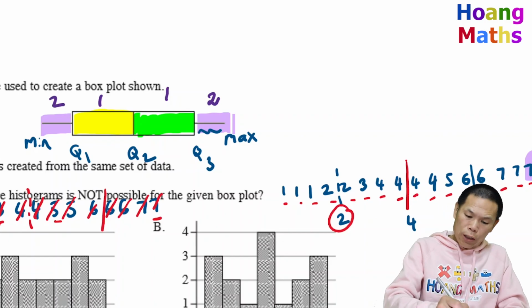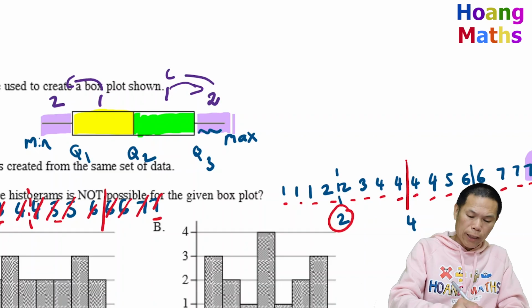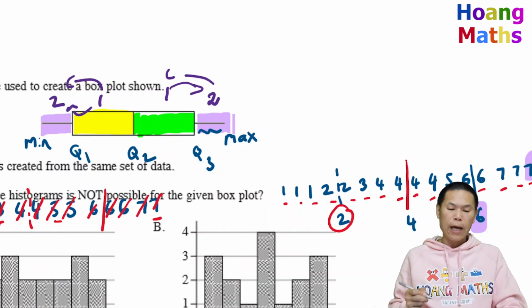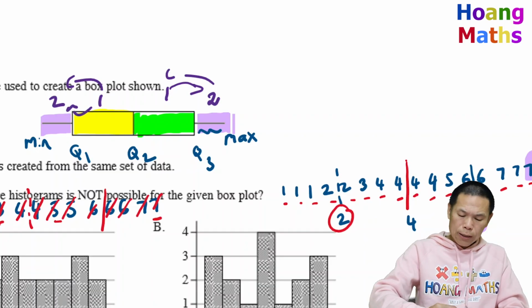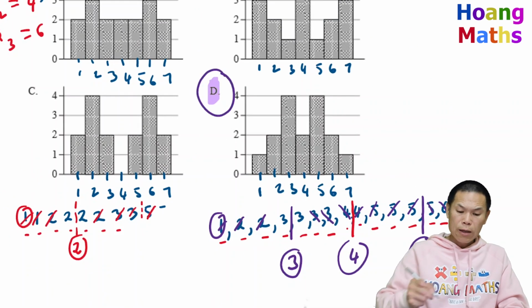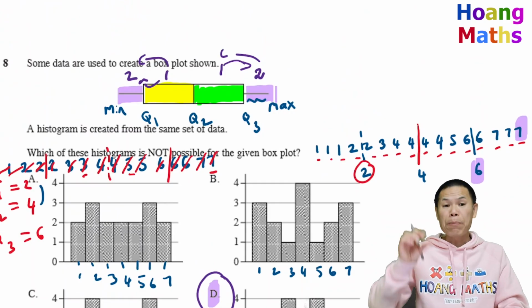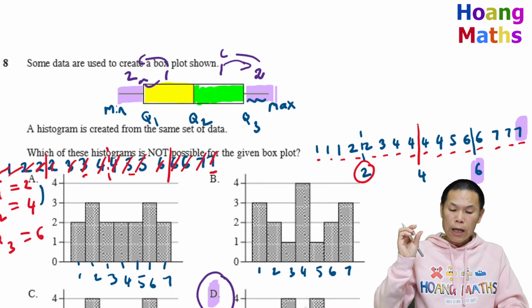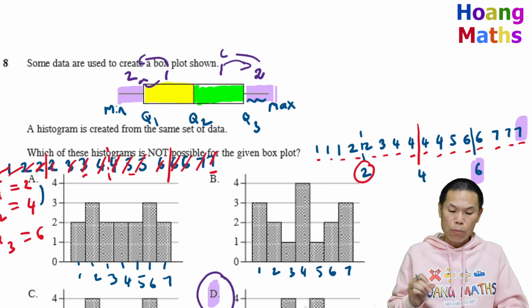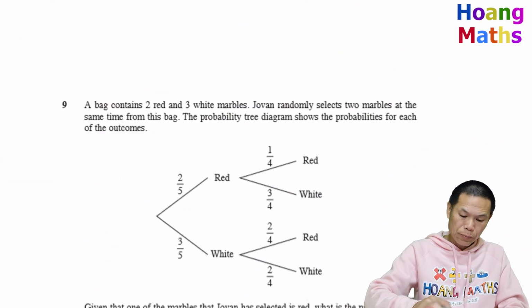So therefore, these numbers should be the other way around, because the gap is smaller. So therefore, D does not reflect the box plot. You can see there the gap is smaller, and therefore the number should be smaller as well. But in this case, it's not. So the answer is D.